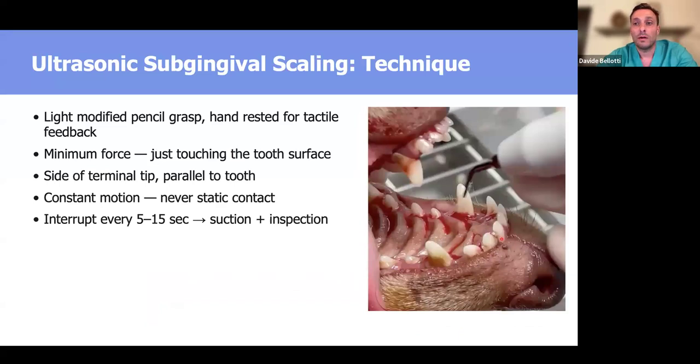So how is it done? Is it really different from scaling? The grasp is the same, a modified pencil grip, just to have a rested hand and tactile feedback. We just use a minimum force. We just need to touch the tooth surface, and we need to stay parallel to the tooth.